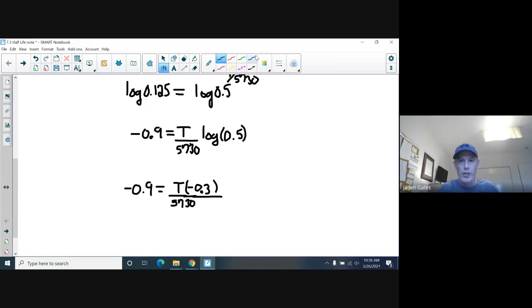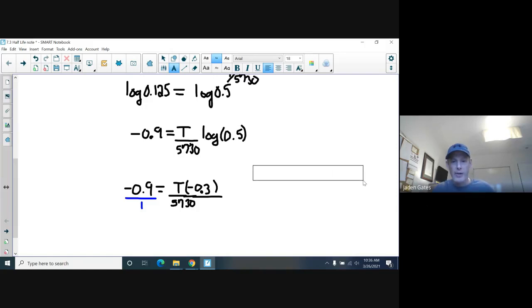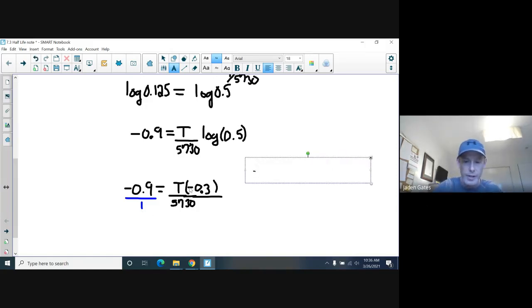Now there's lots of ways to solve, but what I like to do is, I have a number equaling a fraction, and this is something we've had many times. I'm going to create a fraction equaling a fraction so that I can cross multiply. So now what I have is 1 times this negative 0.3 times t.